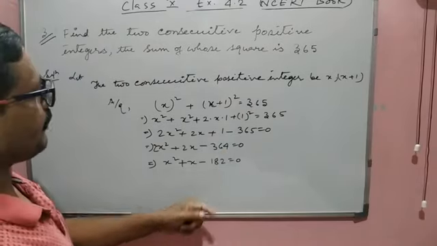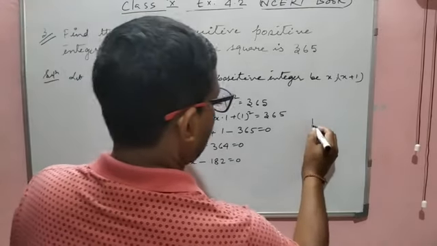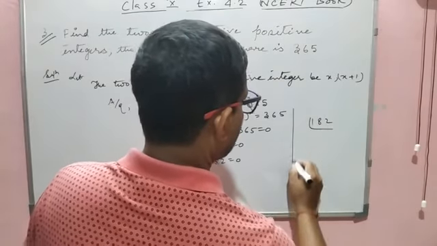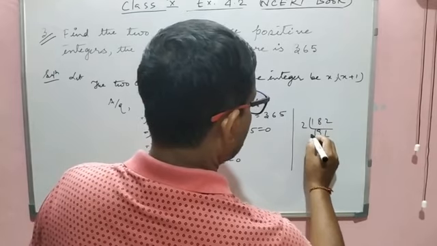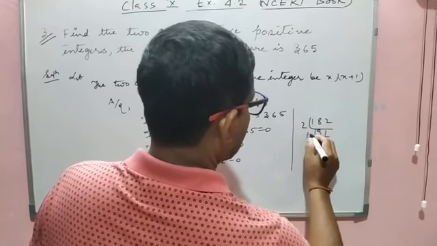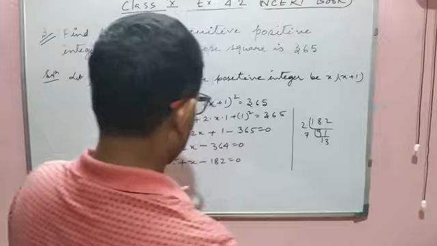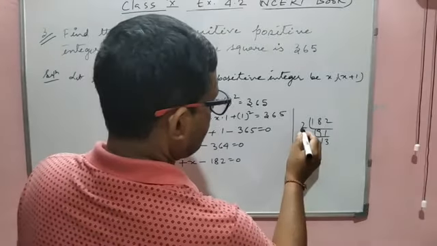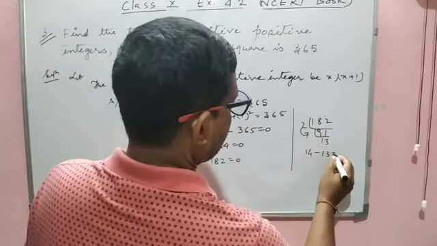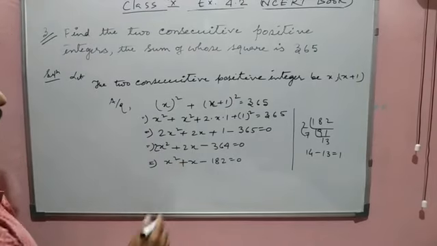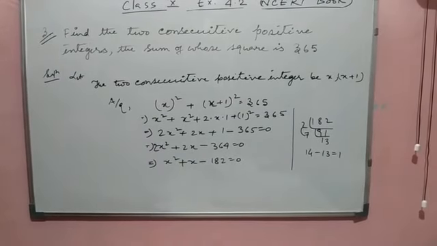So on middle term factorization, what we get? 182 we can write as 2 into 91, 7 into 13. We need 1, so 7 twos are 14, 14 minus 13 equal to 1.